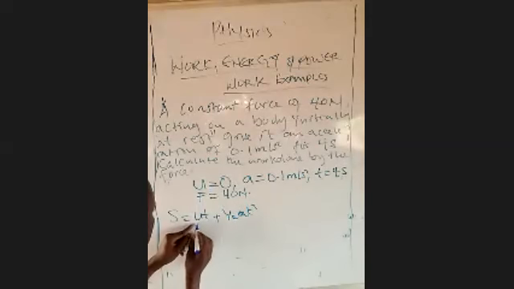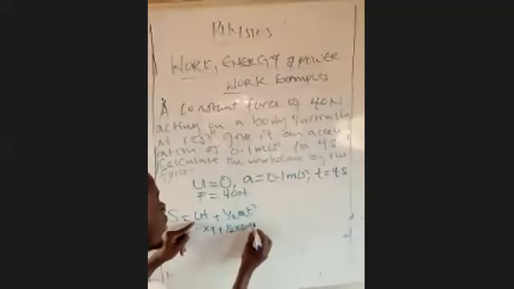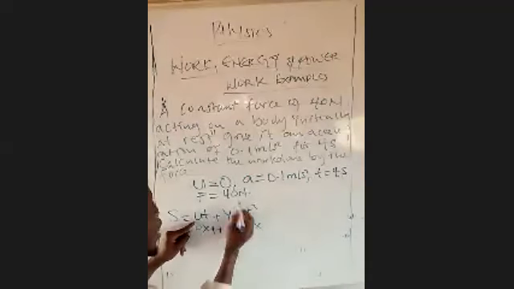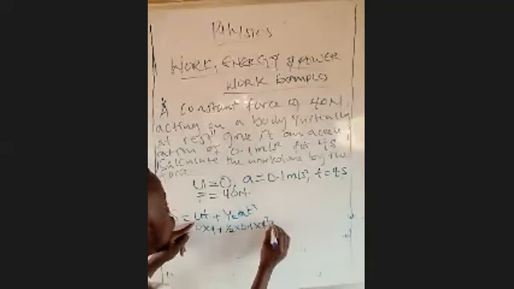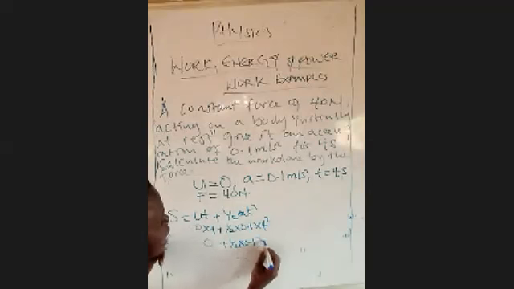Our u will be 0, 0 times t, our t is 4, plus half times our acceleration 0.1 times t squared, which is 4 squared. This will be equal to 0 times 4, which gives 0, plus half times 0.1 times 4 raised to power 2.